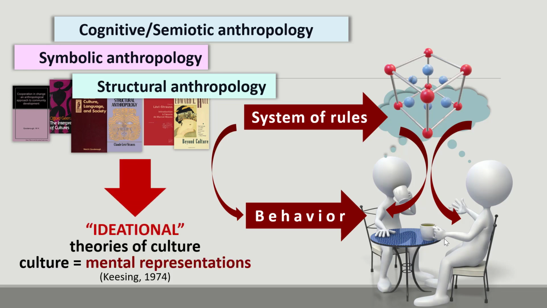Australian anthropologist Roger Keesing called these value-oriented theories of culture ideational. Ideational refers to ideas or mental representations. Let's see how culture is explained by some influential anthropologists belonging to this trend.